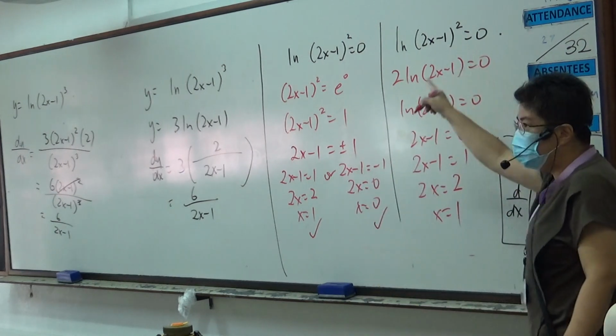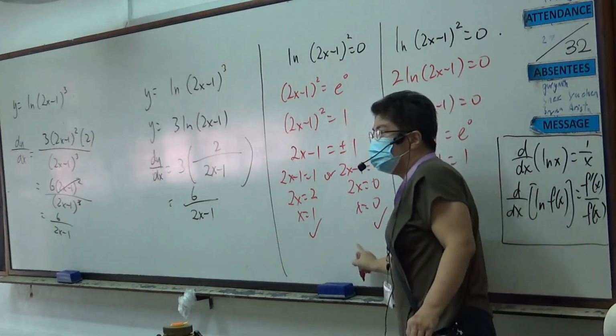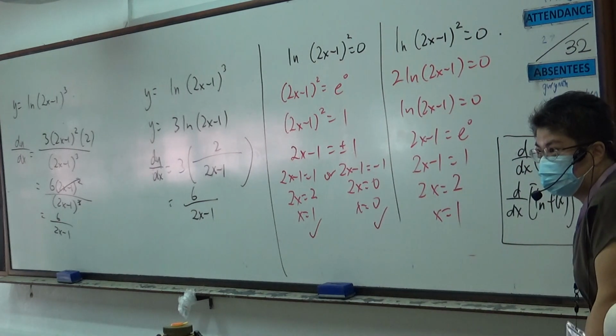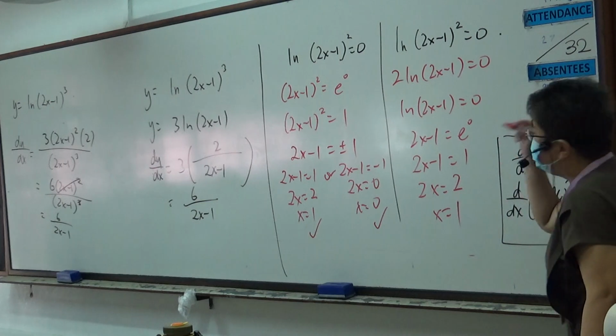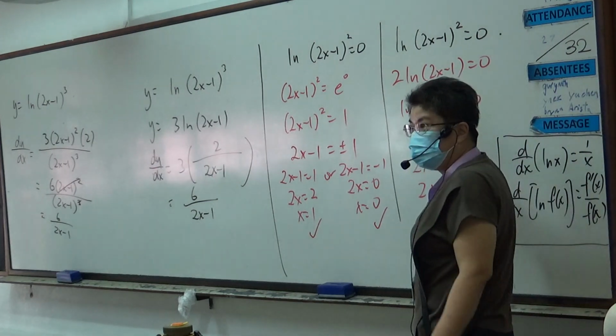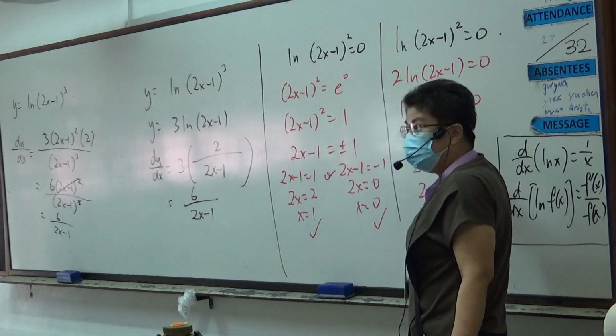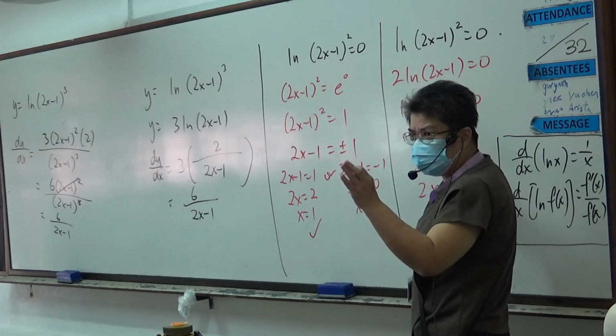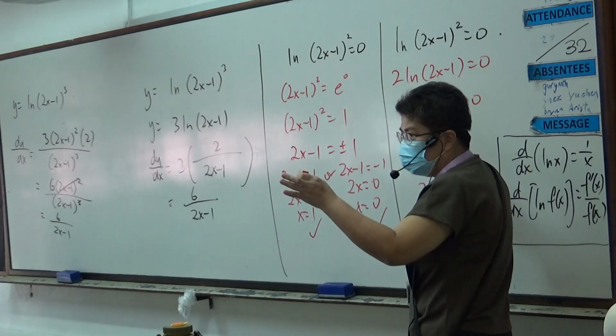Can you see if you bring down the power, you actually lose one solution? You actually lose one solution because this is not the original equation. You simplified it. Do you understand what I'm talking about? This is where students make mistakes.